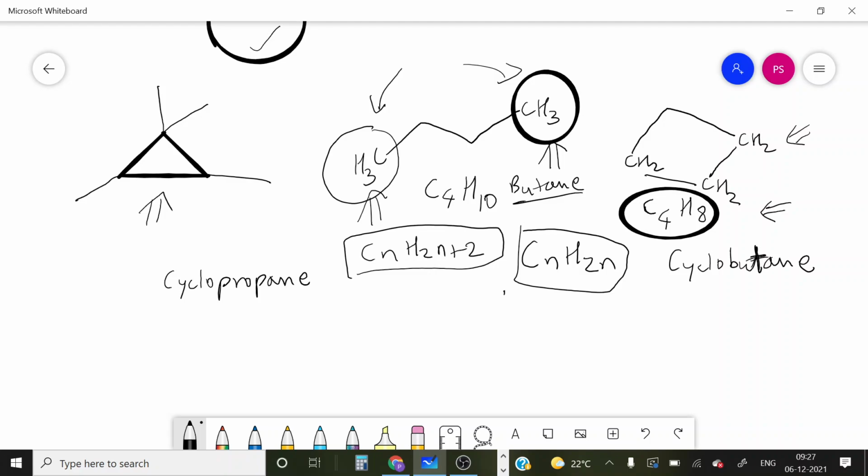Now what are the substituents here? First you have to give the numbering to this ring. So I will put 1 here, first carbon, second carbon and third carbon. Okay, now substituents are there on first, second and third carbon. Which substituents are there? Methyl substituents. Okay, so I will put here 1 comma 1.